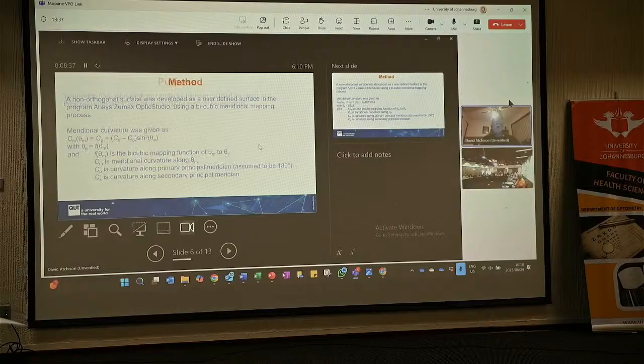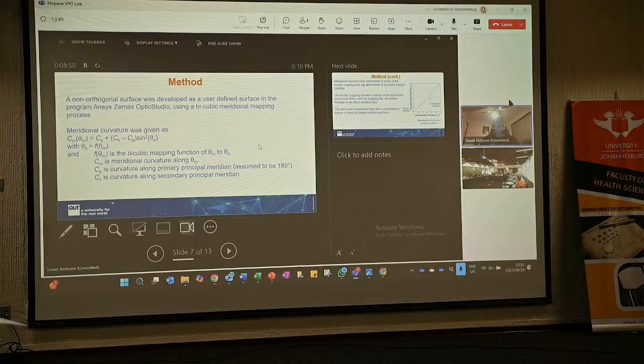Now, this is where my colleague came into his own, and what he did was he developed a non-orthogonal surface, used as a user-defined surface in the program VNAP, which we will be familiar with. And he refers to this as a bicubic meridian approach. So essentially, we're trying to map what we've got on one meridian theta onto another meridian theta.